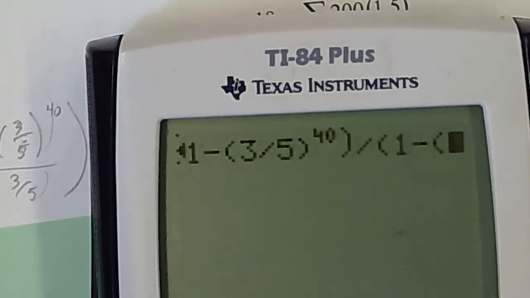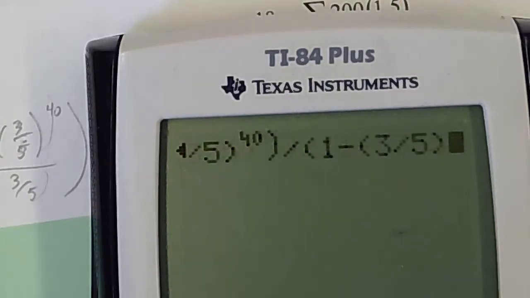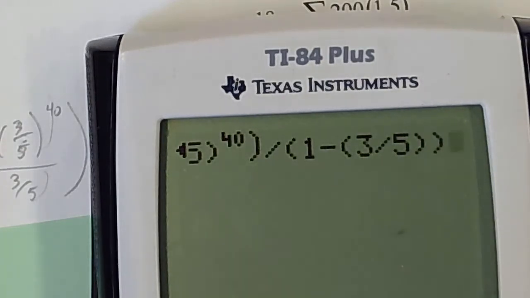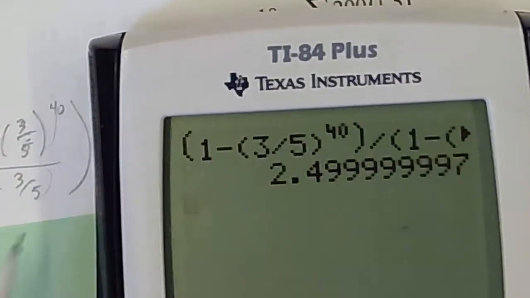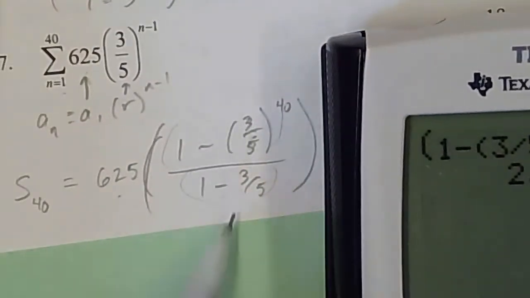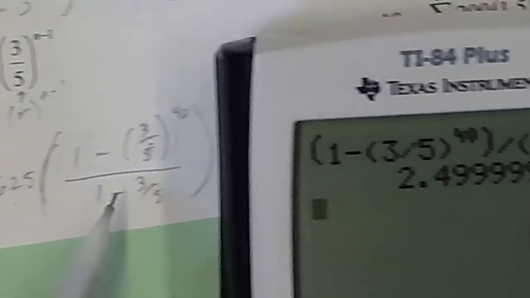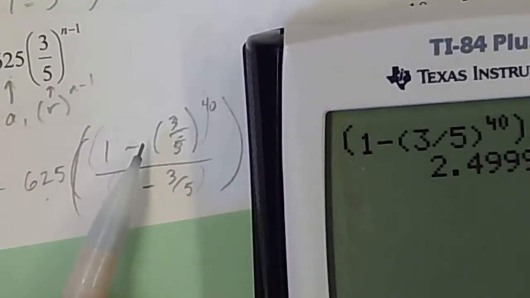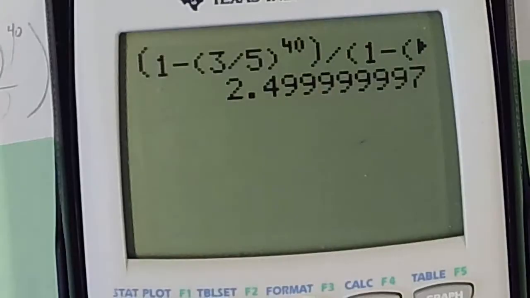I'll put in parentheses just to be safe, but don't really need it. So I close the numerator, close the denominator. I just hit enter, and there we go. There's this part, 2.49, almost 2.50 basically, if we were to summarize that, or round it off. You'd probably be safe just writing 2.50. All right, so now I just got to multiply by 625, and I'll be done.